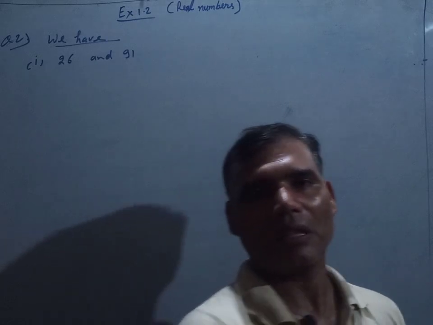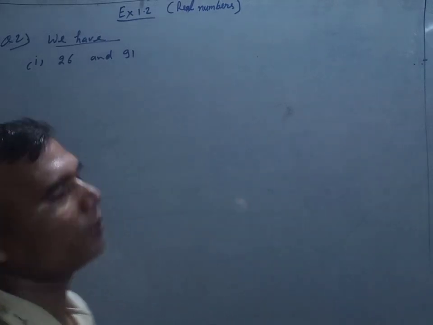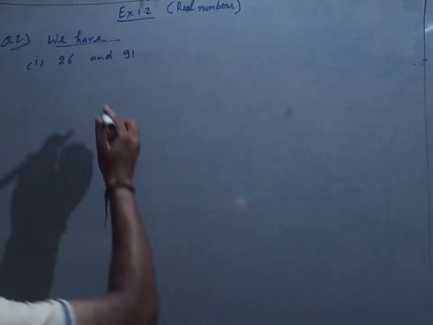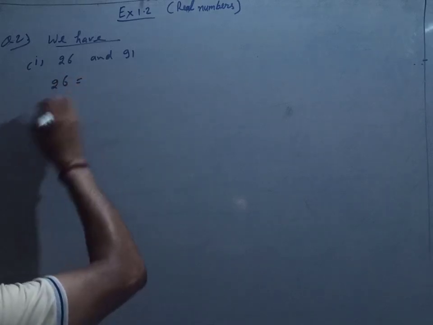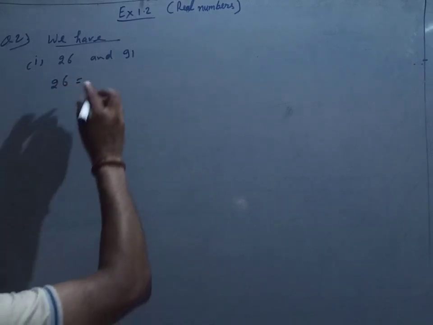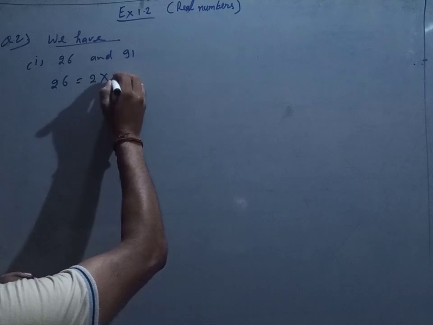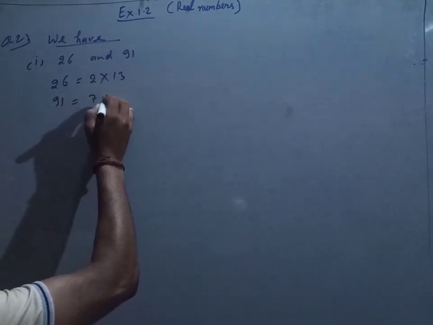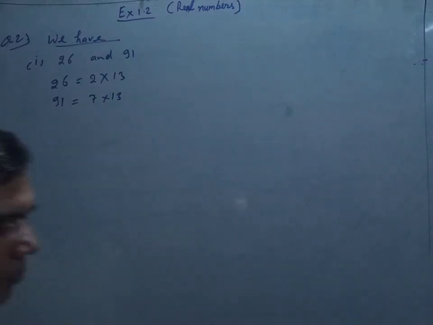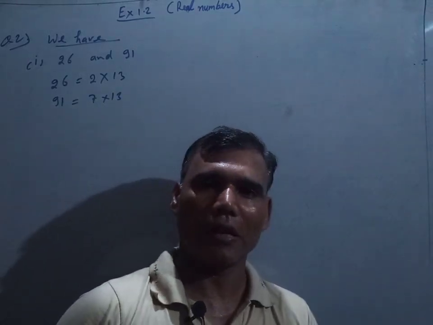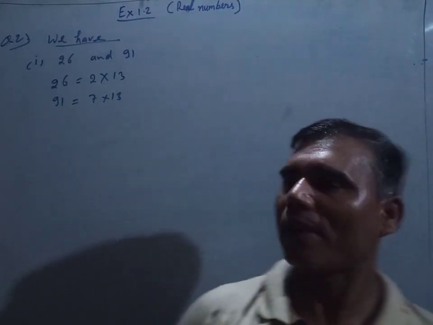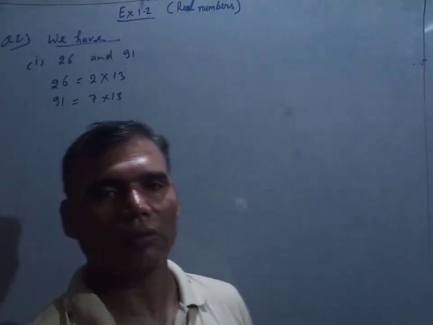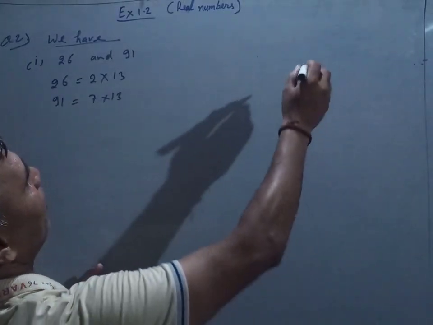In the form of prime factors, 26 we can write as 2 multiply 13, and 91 as 7 multiply 13. If you do not know about prime factorization, we can solve by this rule.